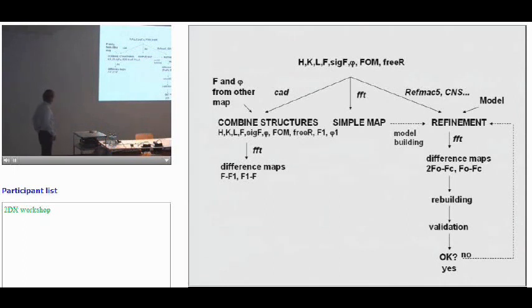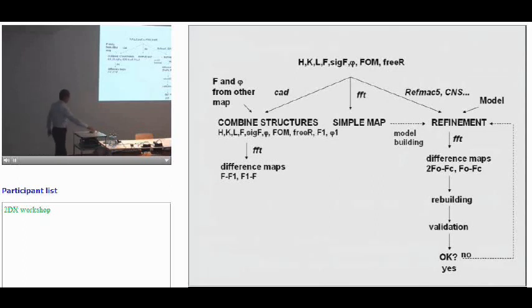To the left here, I've included a step for combining structures. The principle in CCP4 is not to have two separate files defining the two structures, but to merge them together. This is done by the program CAD, which takes data from one structure and adds in information from another one.